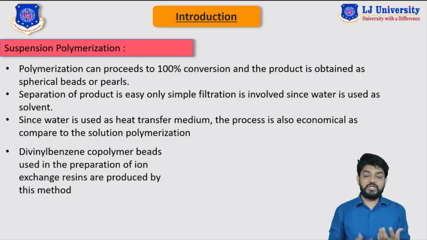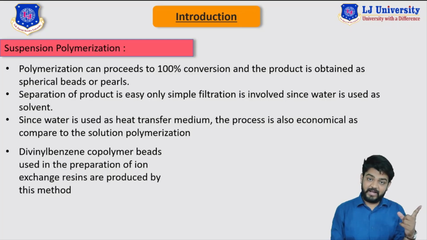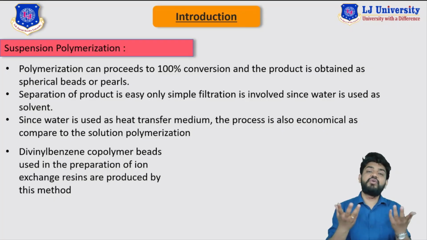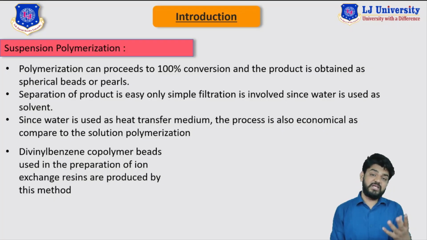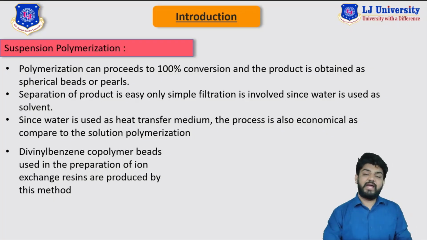But in the case of suspension polymerization, we do not require the monomer to be soluble in the solvent. So we can take solvents from a variety of ranges which are very economical, and water is largely used for this suspension polymerization. And this water is also very useful for heat transfer purposes, right?